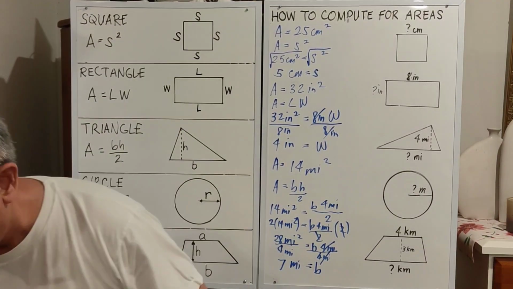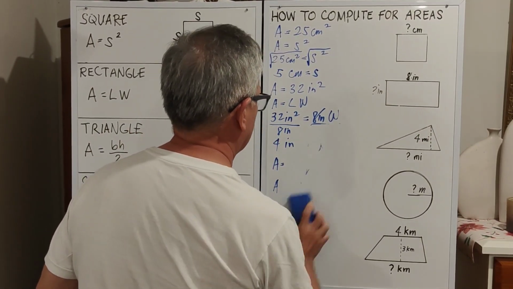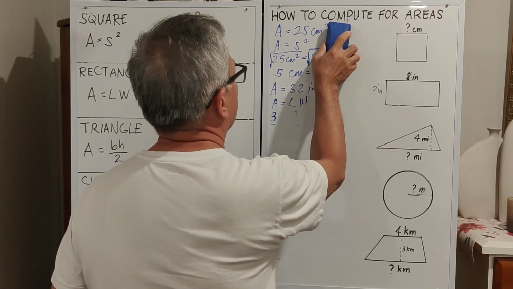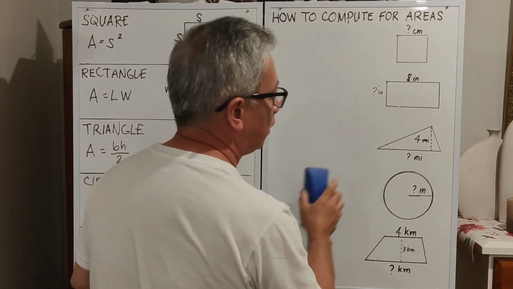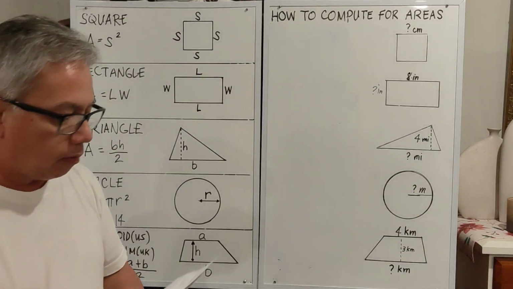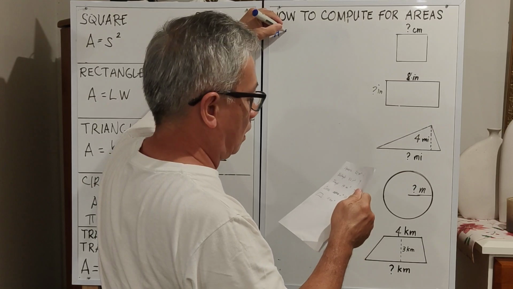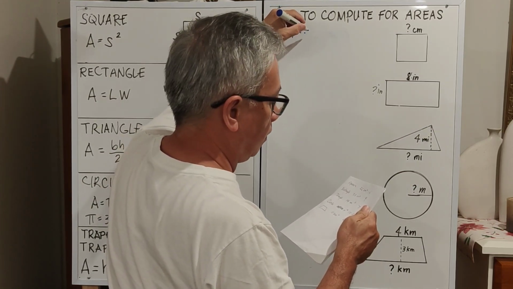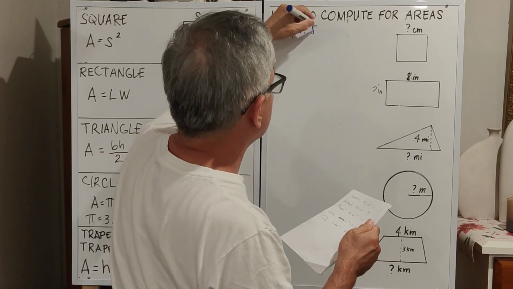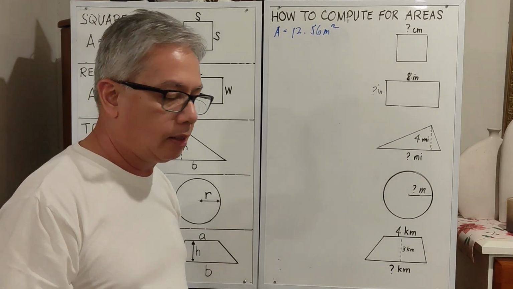Now we move on to the circle. For the circle, we have the area and we need to find the radius. If the area of the circle is 12.56 meters squared, we need to find the radius.